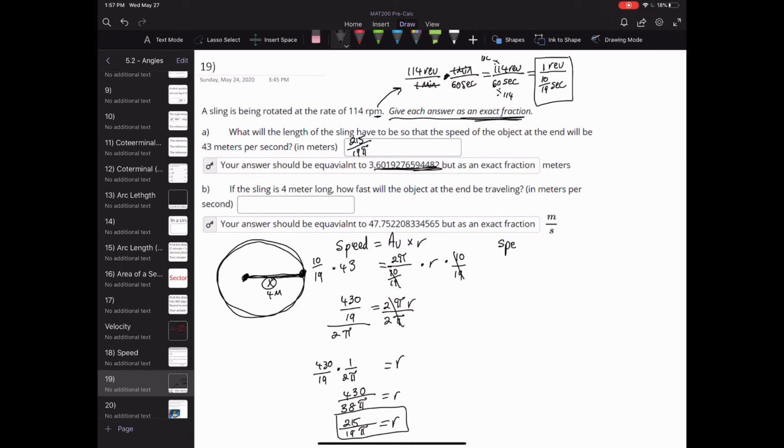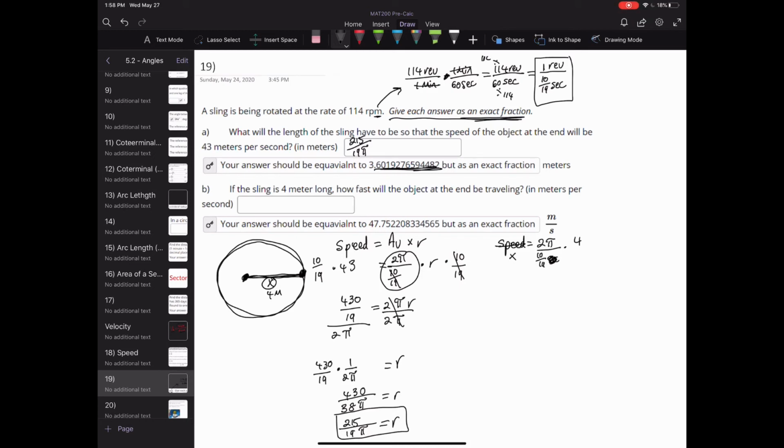Speed equals angular velocity, and we already know that that's 2 pi every 10/19ths of a second, right? I'm just kind of using this again. Times, and now we're assuming the radius is 4. So I'm just going to remove the seconds there just to make things look nice. And instead of speed, we could think about this as x.